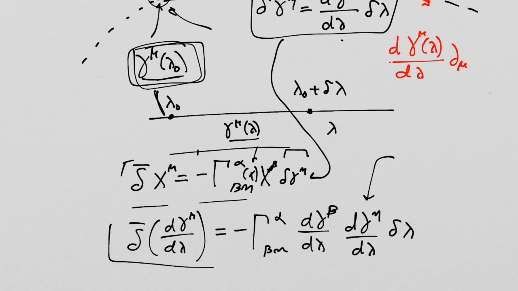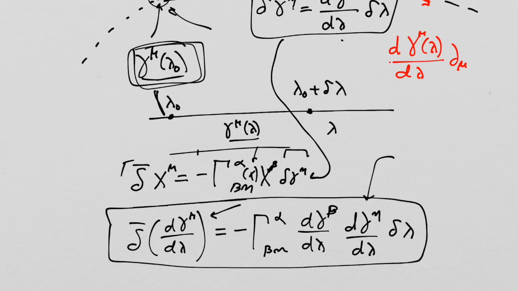And this is an expression for how the components of the velocity at lambda 0 change by this quantity.